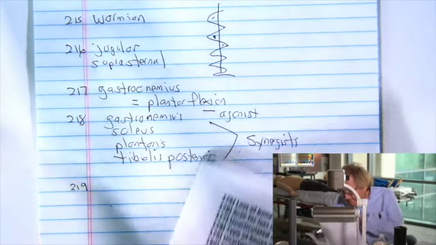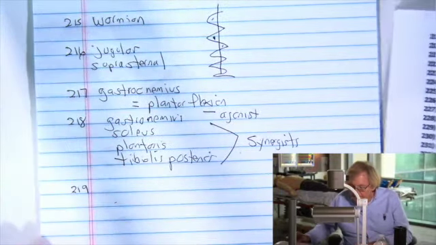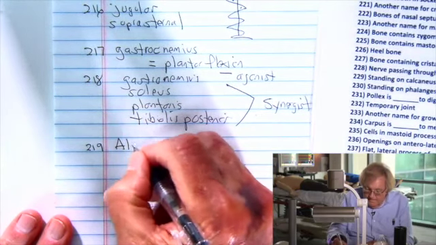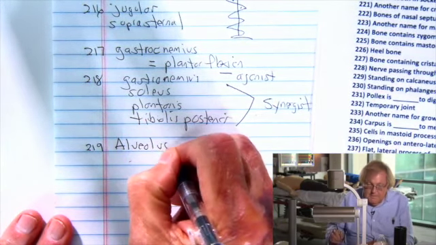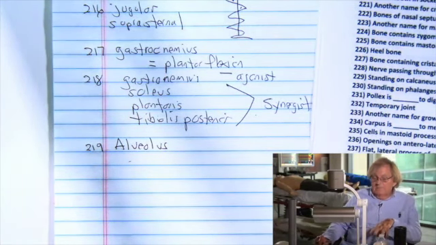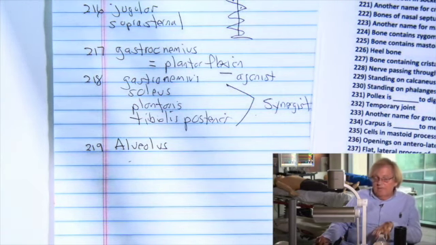219 is the tooth socket, and the tooth socket is called the alveolus. Remember, we've talked about the alveolus. If we've got 32 adult teeth, we've got 32 alveoli. If we've got 20 deciduous or baby teeth, we've got 20 alveoli.